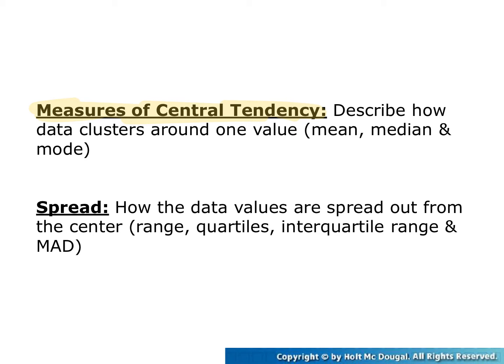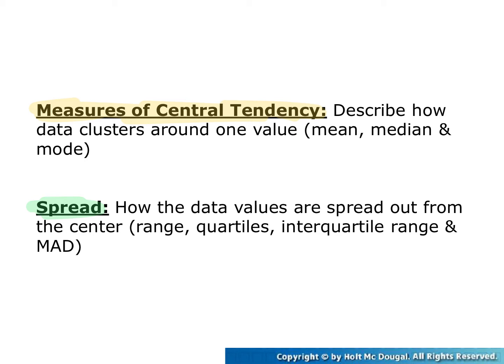The next thing to look at is called the spread. The spread is how the data values are spread out from the center. So that is your range. Remember we found out yesterday the range is the highest number minus the lowest number. Your quartiles, remember we talked about upper quartile and lower quartile, your Q3 and your Q1, that's going to be used today.